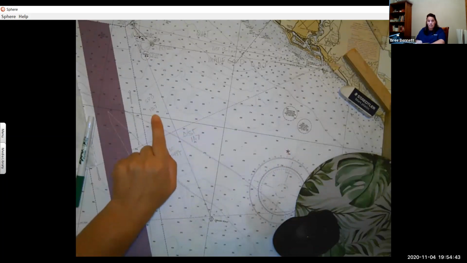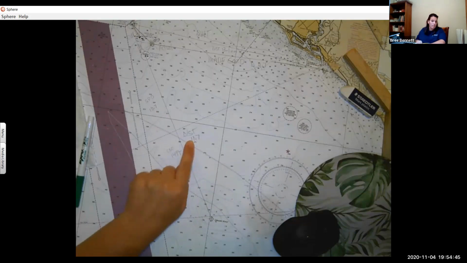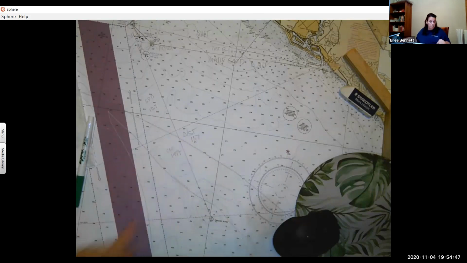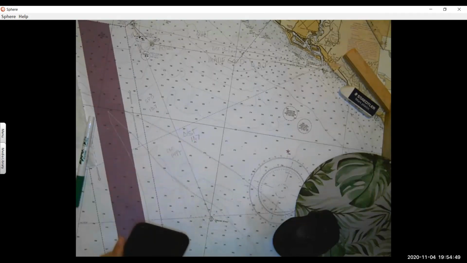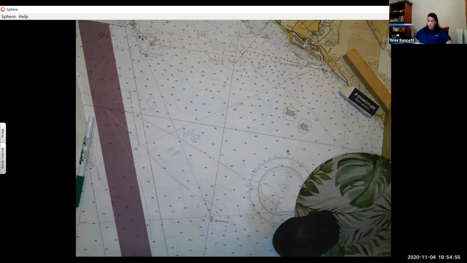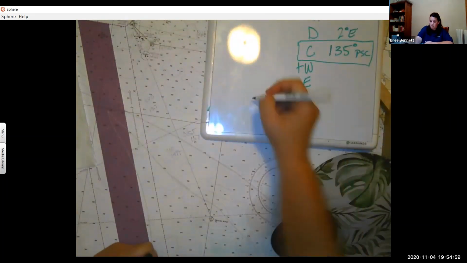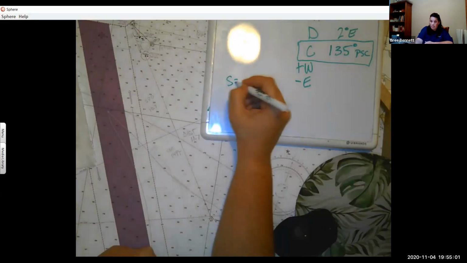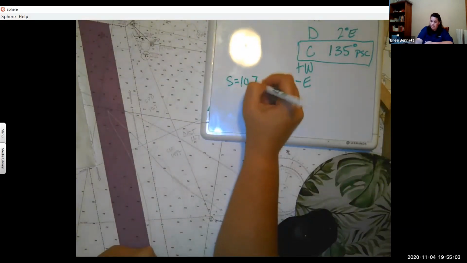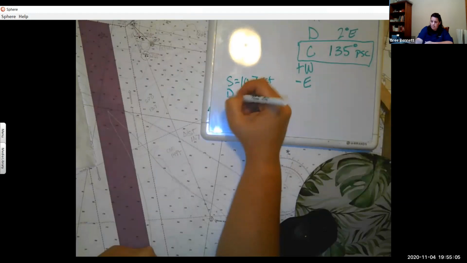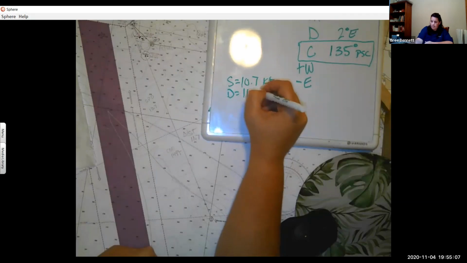Using my speed and my distance, I know I'm going to be a little bit over an hour, but let's do 60 D Street. We have a speed of 10.7, a distance of 11.7.